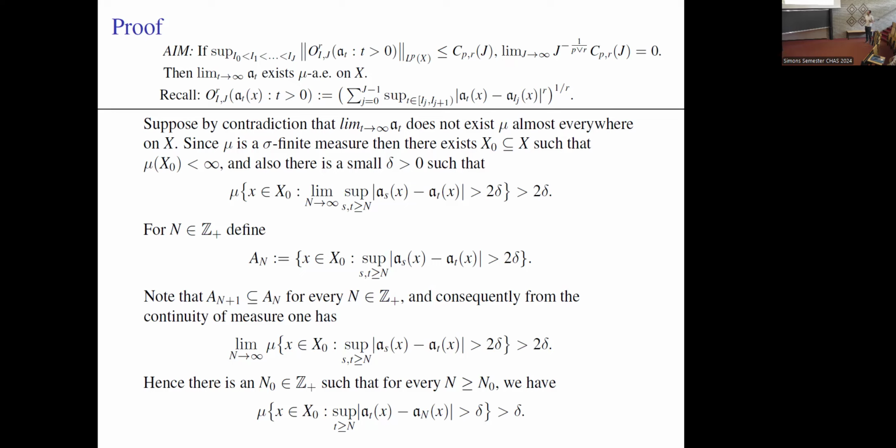So this proof is somehow similar in the sense that we will proceed by contradiction as well, and we will look at the limit supremum of the sequence.